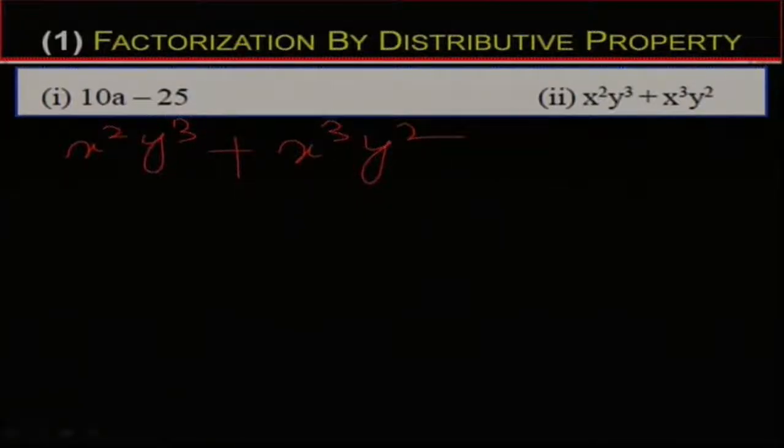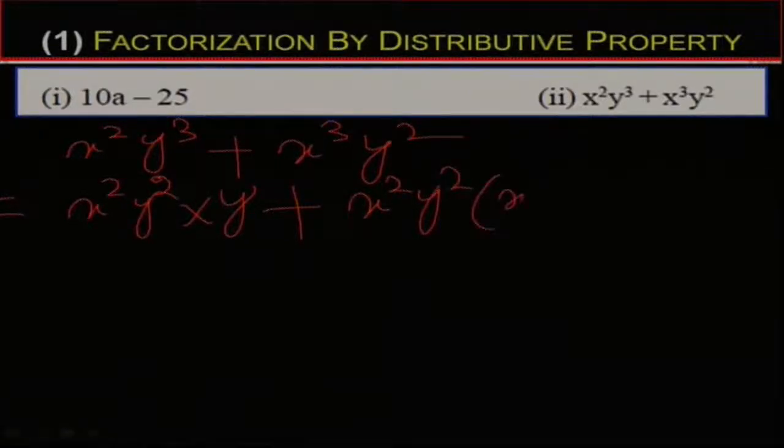Simply I can write this part, x square y cube, as x square y square into y, because when y multiplies with y square you will get y cube. Plus I can write x square y square into x, because when x multiplies you will get this product.